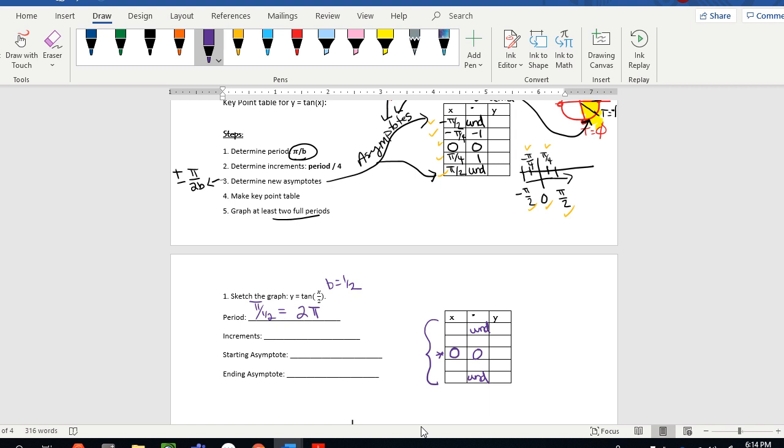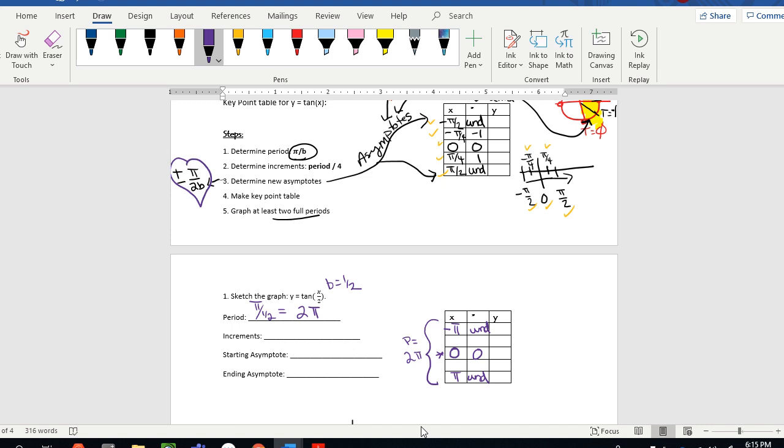All right? Now, I'm going to tell you this period has to be a total of 2 pi. How far away will we have to go negative and positive to make this equal to 2 pi? Because that's what the period is. The period is equal to 2 pi. We have to go negative pi to positive pi. Okay, wait a minute. So what do I do with this cute little equation right here? Well, think about it.